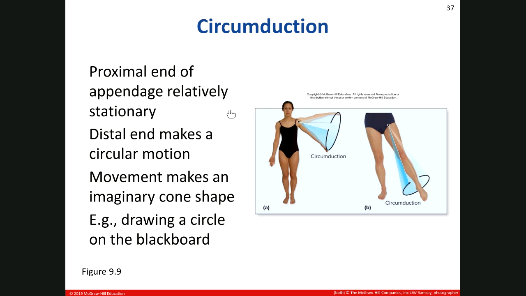If you think about it, the closer you are to the axial skeleton, if we're dealing with the glenohumeral joint, that area is going to be moving very little. The more distal area, the hand, is going to be moving much more than the proximal region. So whatever movement you'll be doing with circumduction, it's going to have this cone-like configuration.